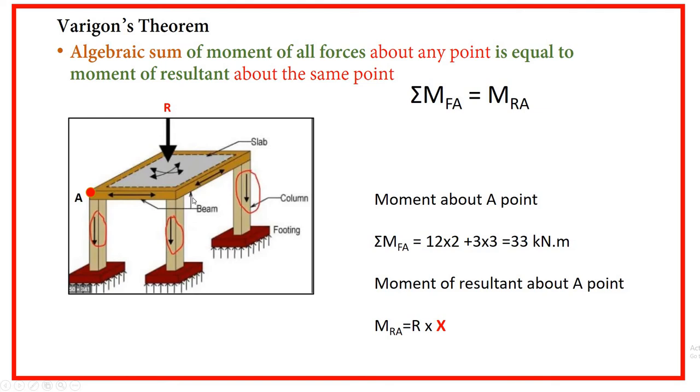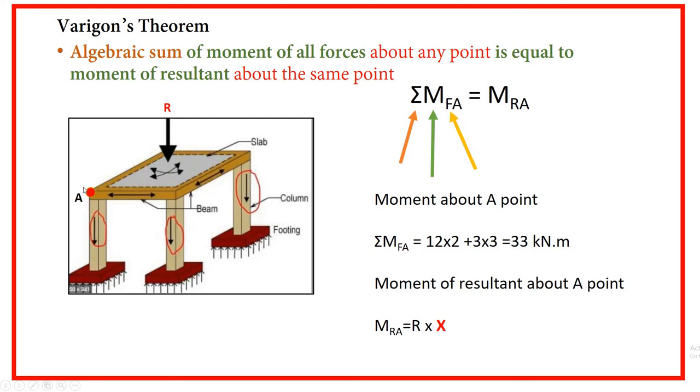Now Varignon's theorem, right? Varignon's theorem can be explained by this equation only, right? Here what is this? This is the algebraic sum, yes or no, right? So this is the algebraic sum, and M is for the moment, F for the force, and A is the point.